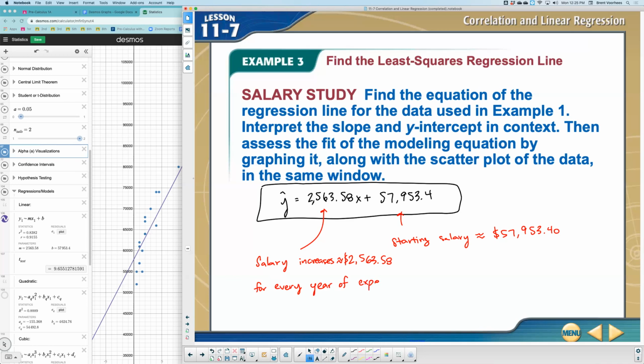So that's what this line and slope mean in this context. This would be your starting salary, the y-intercept. If you have not worked at all, with 0 years of experience, your starting salary is $57,953.40. And each additional year you work, you get a raise of $2,563.58. That's what the data is indicating.